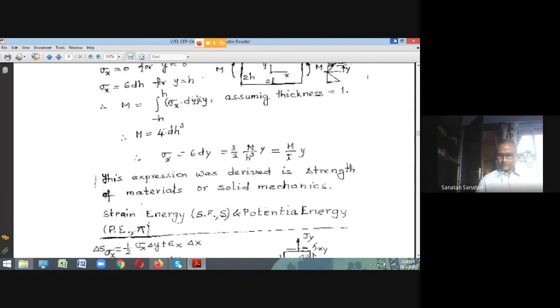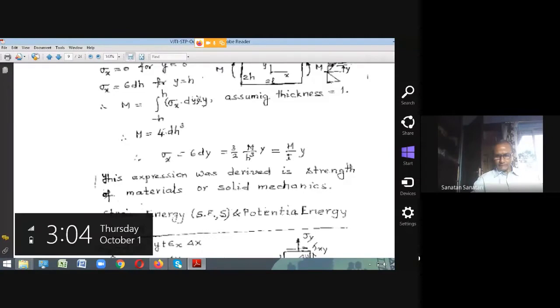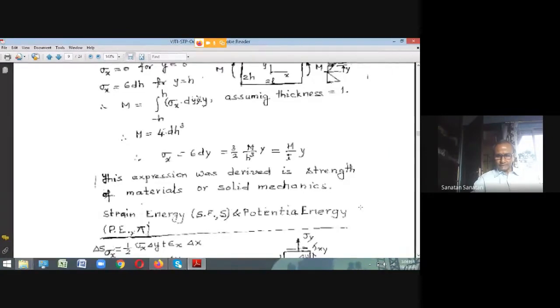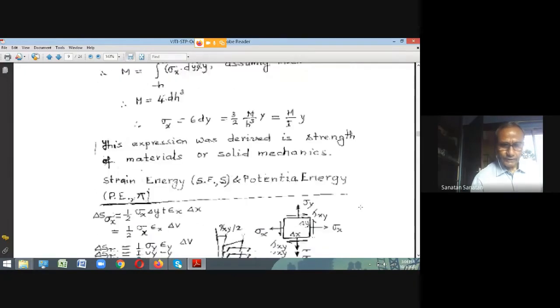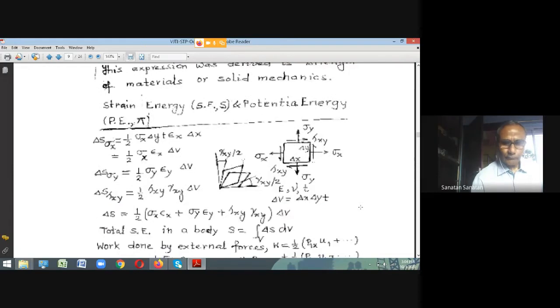That is the Airy stress function approach. I just wanted to give you some introduction to it. Now I want to end by talking about the strain energy or potential energy.